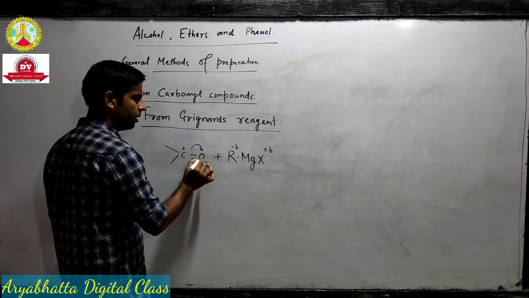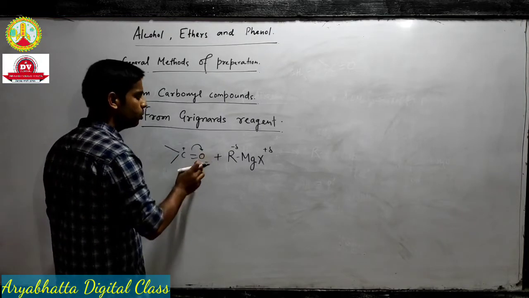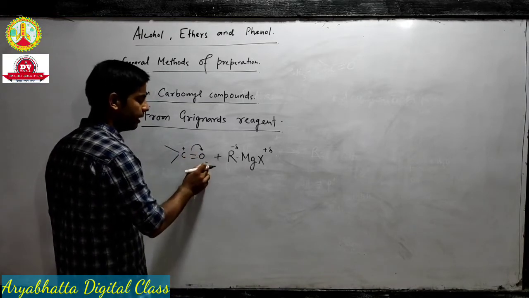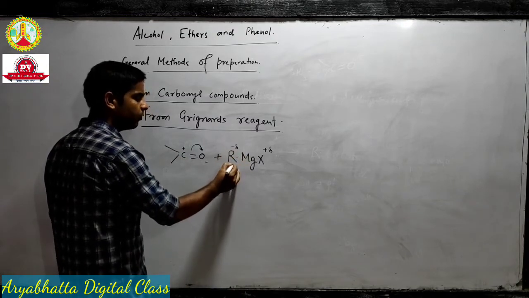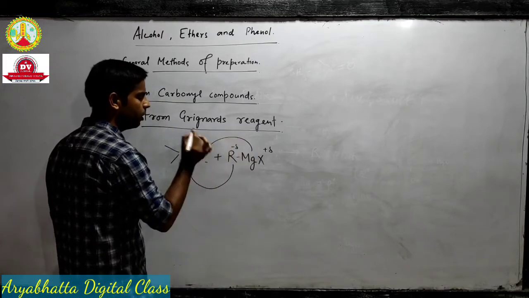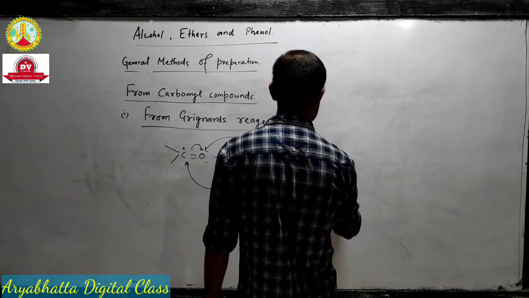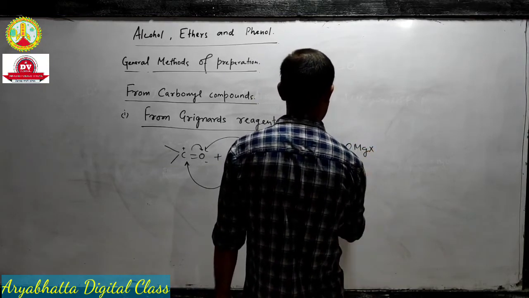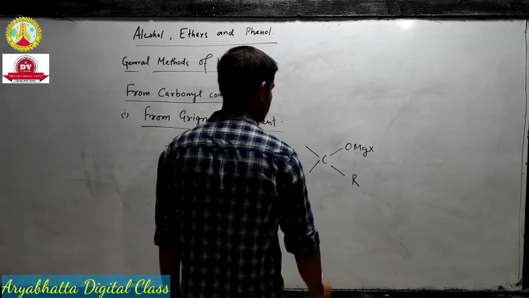Due to the electronegativity difference, oxygen can pull the shared electrons of the carbonyl, so oxygen gets a negative and carbon gets a positive charge. So obviously the negative part of RMgX will go to the carbon and the positive part will come to the oxygen. So we will get R.